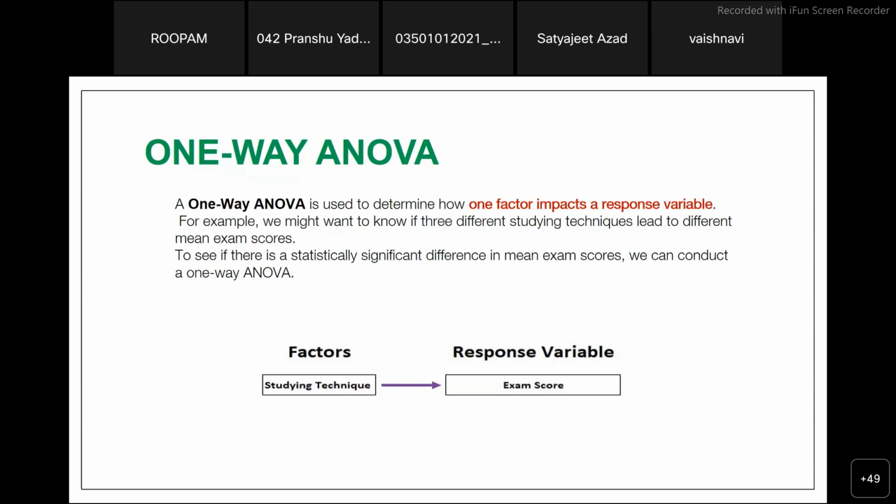So I will apply ANOVA to check which technique is good. Someone who studied by watching YouTube videos, maybe possibly they have a good score. So I'll say that you should use YouTube because the people have scored well. So ANOVA will try to check the impact of the variables.